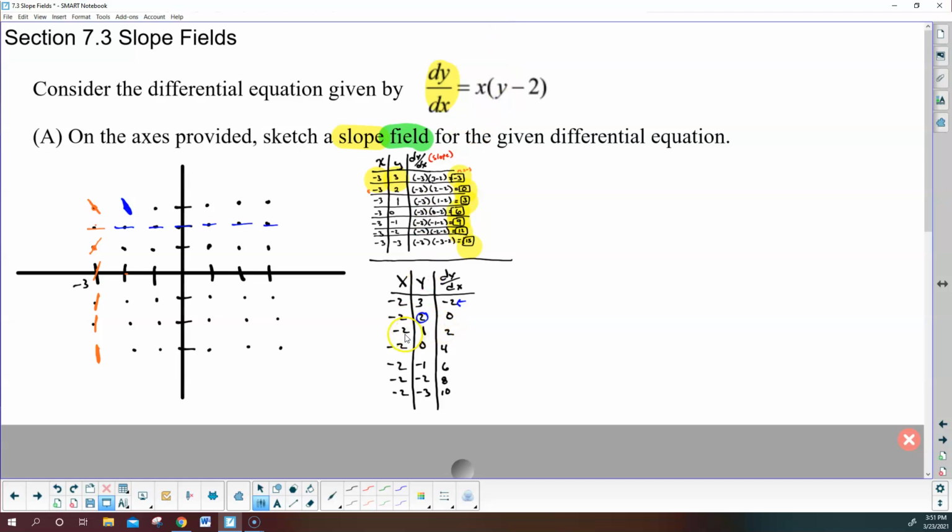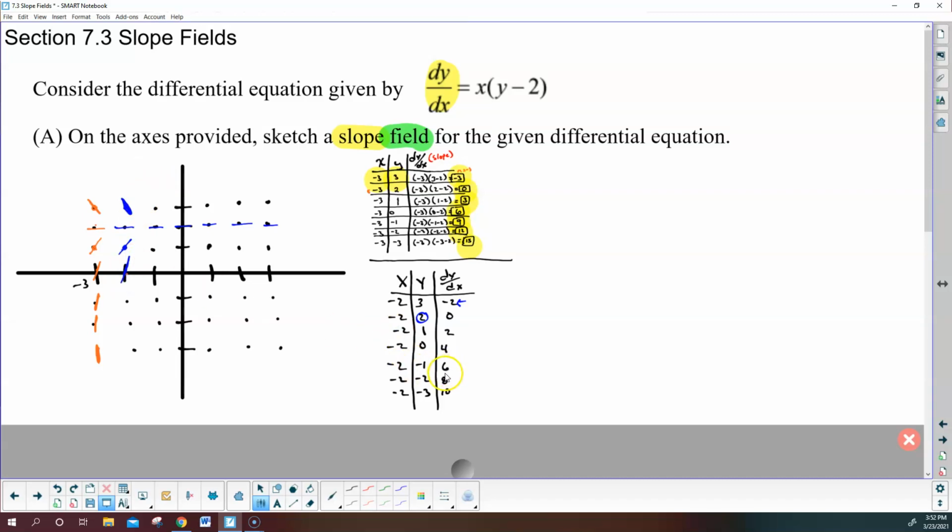All right, so then I got the next one, go over -2 up 1, and that has a slope of +2. So I'll go from this point up 2 over 1 and draw a line, and there's a slope of +2, and then continue that on. So here I got a slope of 4, which would be up 1, 2, 3, 4 over 1. So I'm going to just draw an estimated line here.